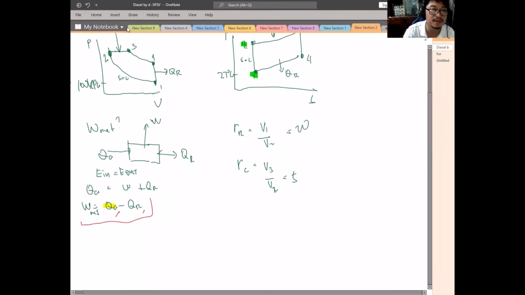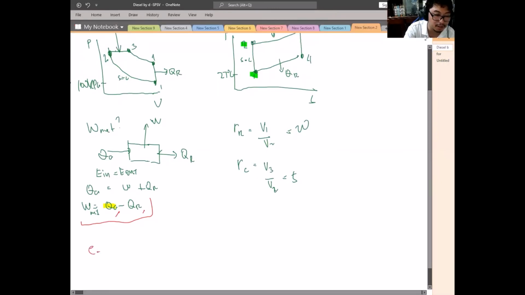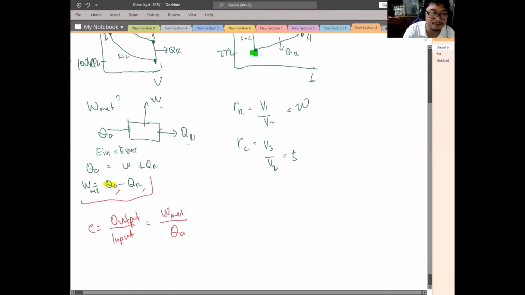So we will use the efficiency formula, not the one with heat rejected. Efficiency is output over input. The input, the one with the arrow in, is QA. The output is the net work. QR is not included anymore because it is already part of the net work; if QR were included, it would be 100 percent.